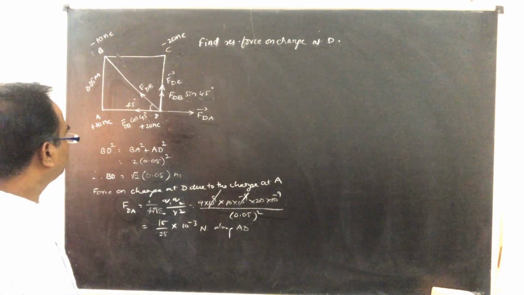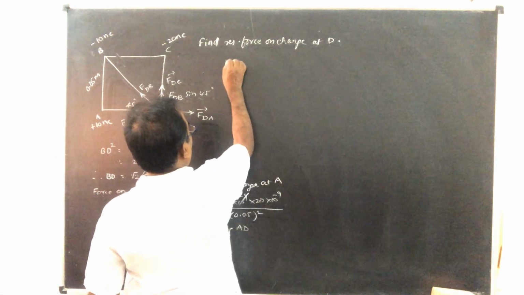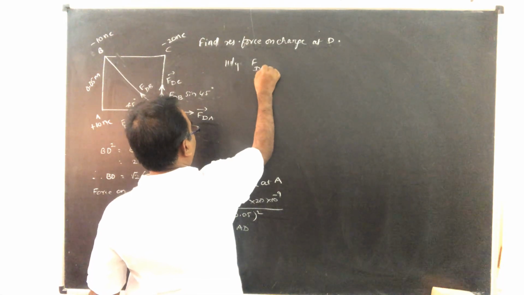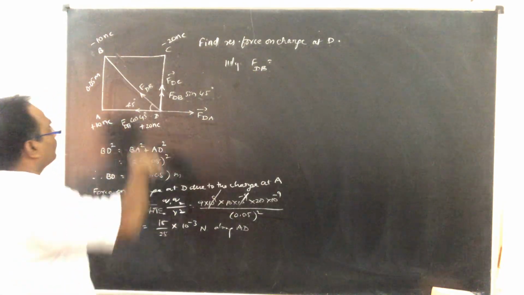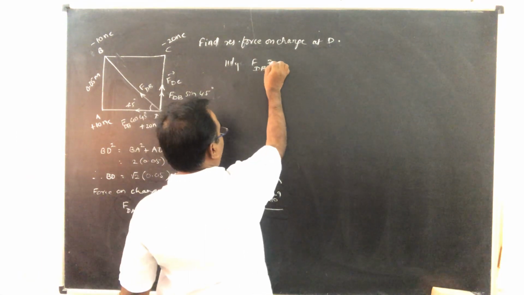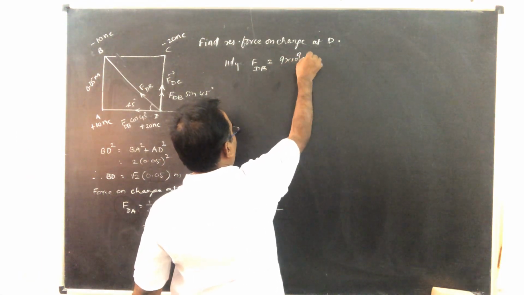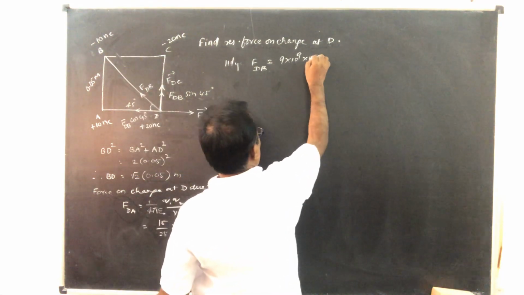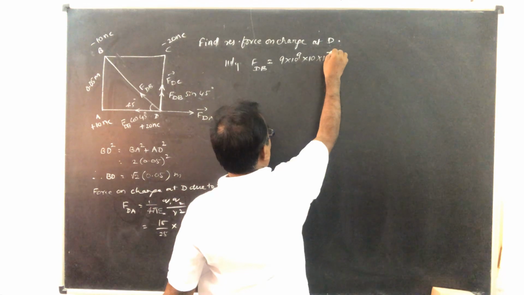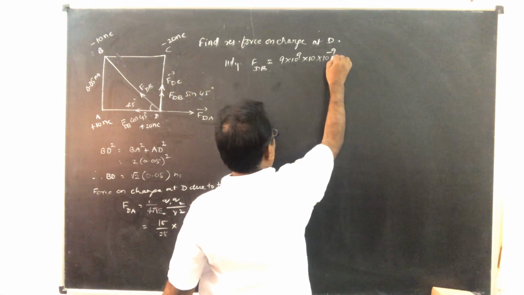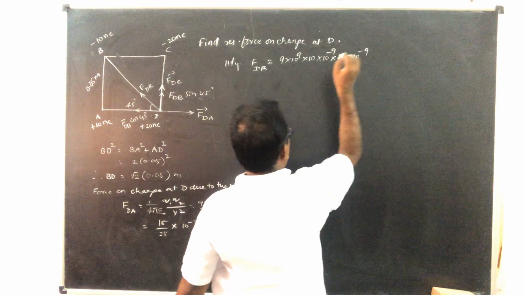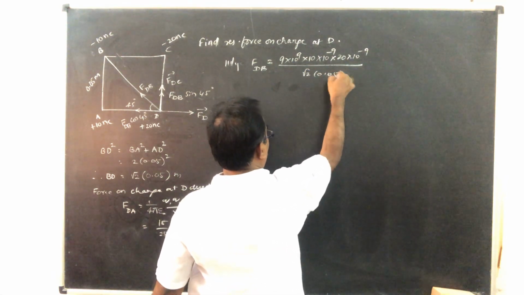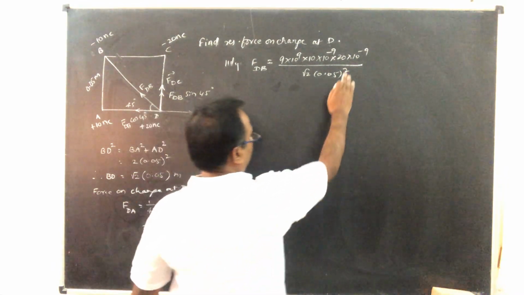Similarly, this FDB. So 9 into 10 to the power of 9. One is 10 nanocoulomb, another one is 20 nanocoulomb. So 10 into 10 to the power of minus 9 into 20 into 10 to the power of minus 9 divided by root 2 into 0.05 whole square.